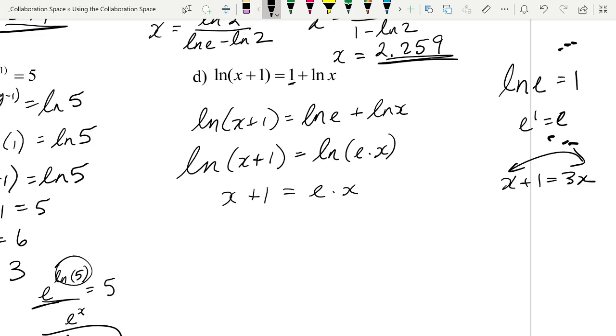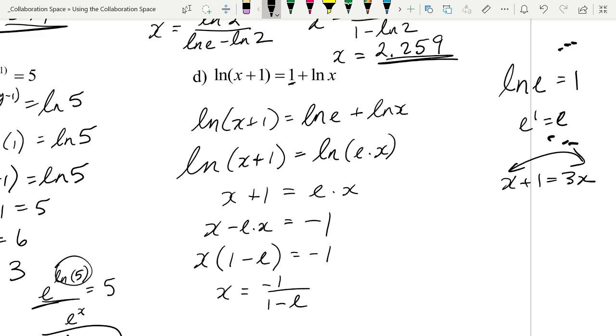So I'm going to subtract e times x from both sides of the equation, then subtract 1 from both sides so that I've isolated x. I'm going to factor x out, and then divide both sides of the equation by 1 minus e, because I actually don't know what x minus e is. So that's how I would solve a question like this.